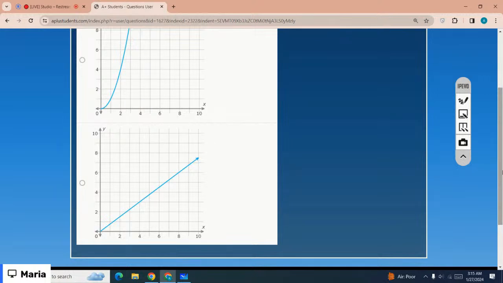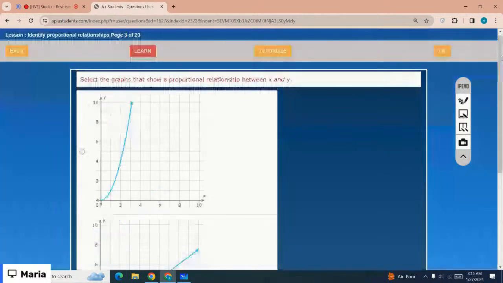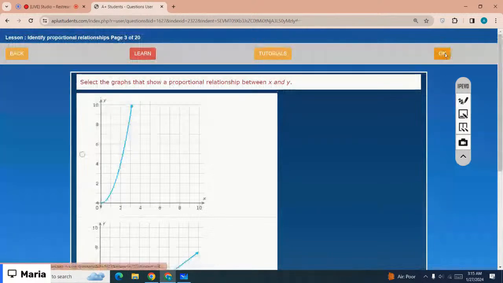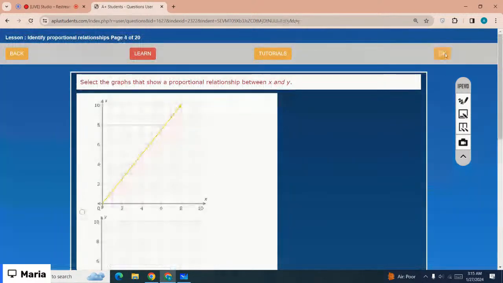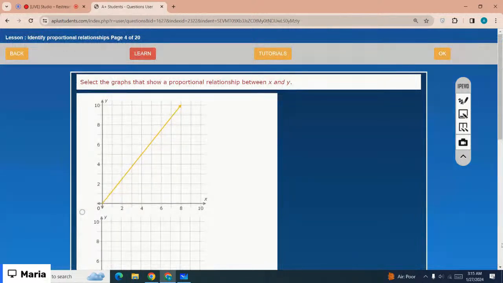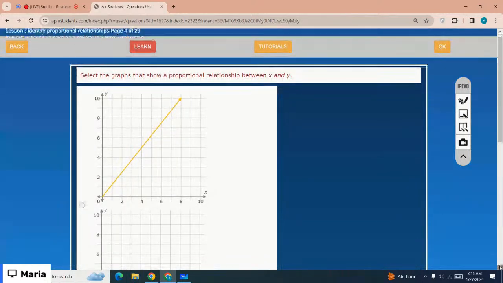Yes, the correct option is option number two. That is a straight line passing through the origin. Option number two is the correct option. The next one is select the graph that shows a proportional relationship between x and y. So which is the correct option?